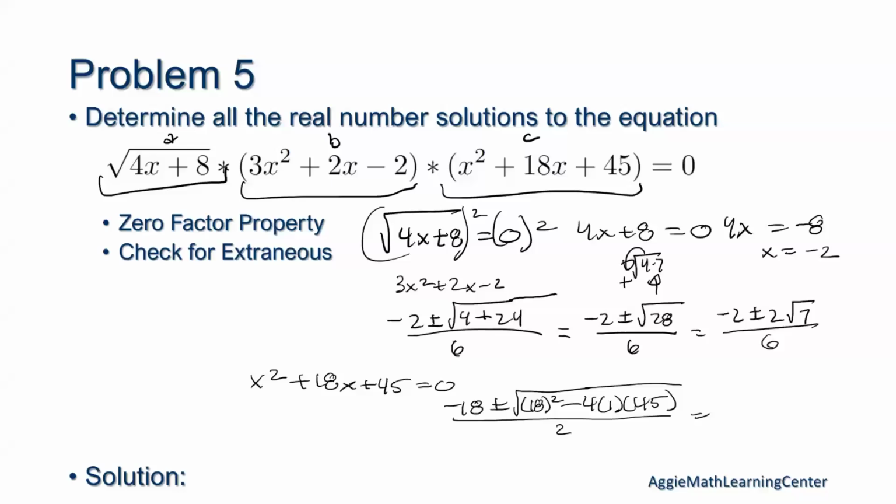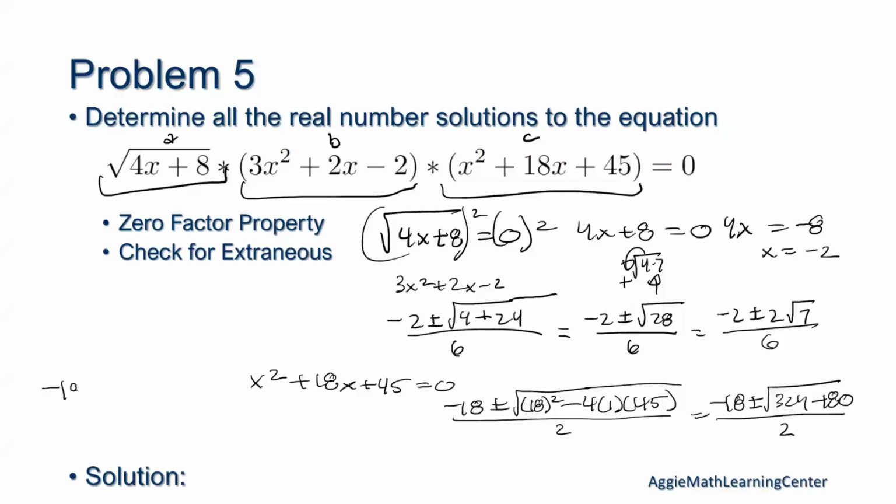I need to pull out my calculator. 18 squared is 324, and 4 times 45 is 180, so 324 minus 180 is 144.